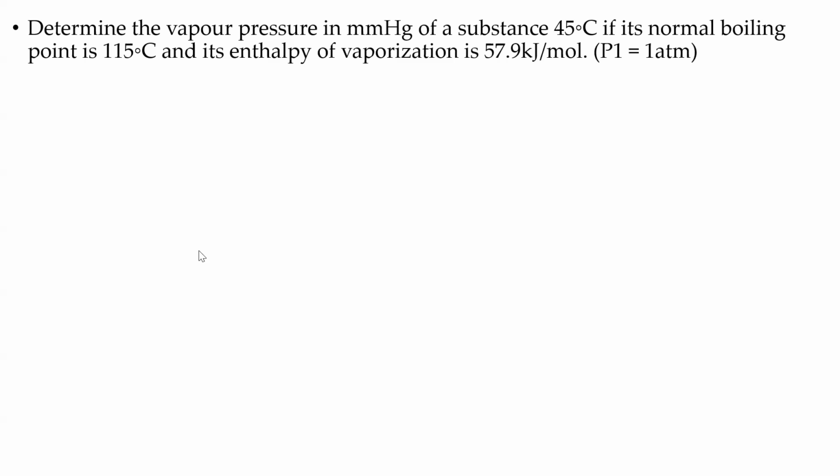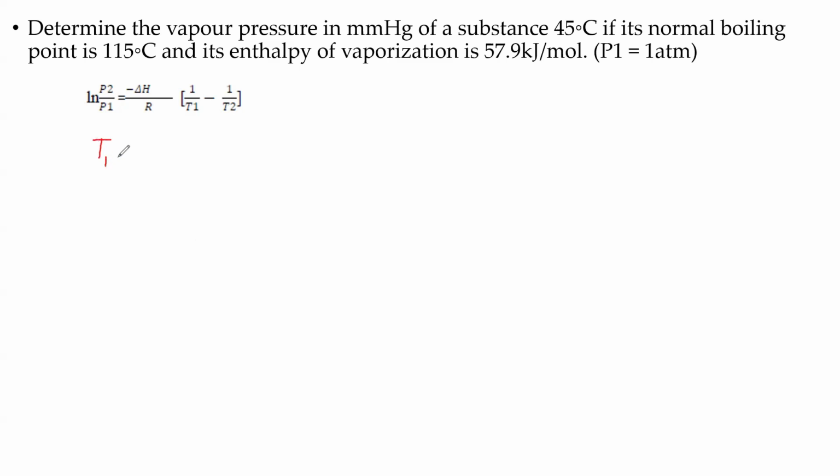P1 is equal to 180 L. You can decide to use the equation ln(P2/P1) = minus ΔH over R, then open brackets 1/T2 minus 1/T1. Simply, we can now bring out the data.